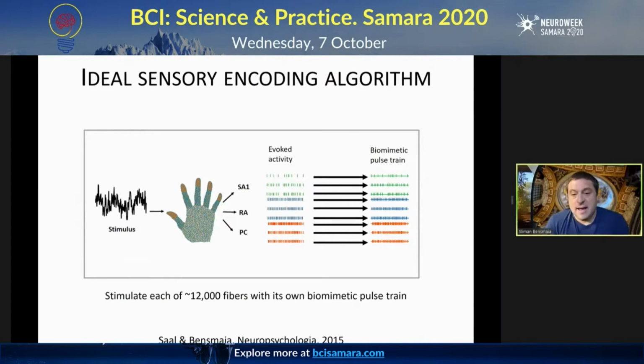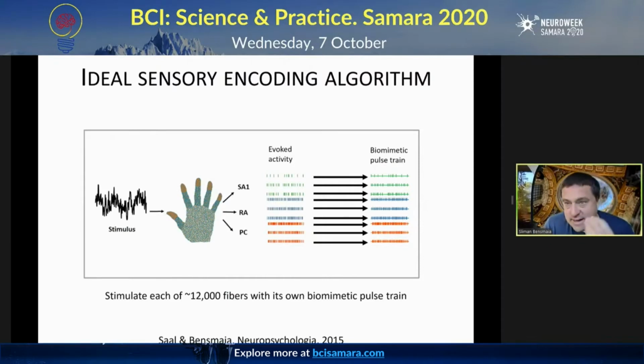And if you did that, you would restore touch perfectly. People would feel like, wow, this is natural touch. The unamputated hand and the amputated hand would basically feel the same. Of course, this is predicated upon technologies that don't exist and probably never will, but this is ideally what you're shooting for.